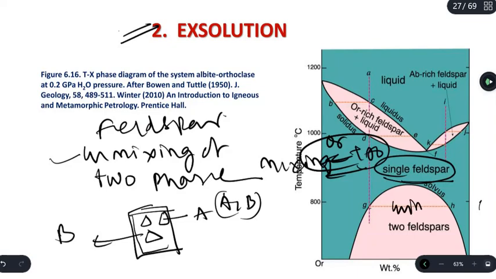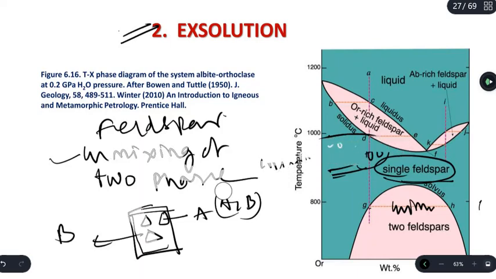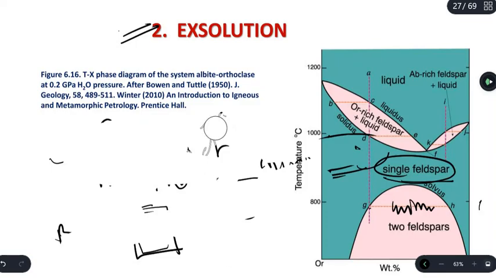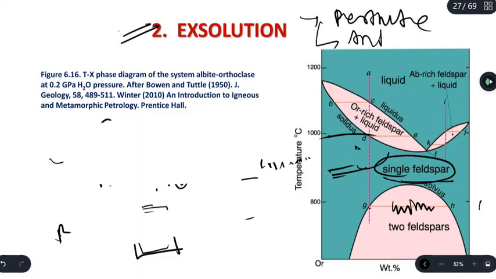Here the unmixing is happening, right? So this is called the exsolution texture. मैं igneous पे पढ़ा चुका हूँ already, right? हाँ, there are two types of exsolution which are important. Exactly, right? Due to exsolution, perthite texture is forming, anti-perthite texture is forming.